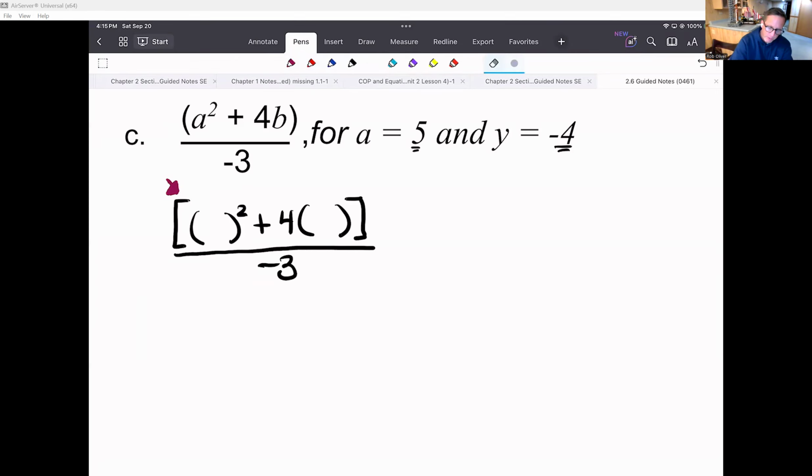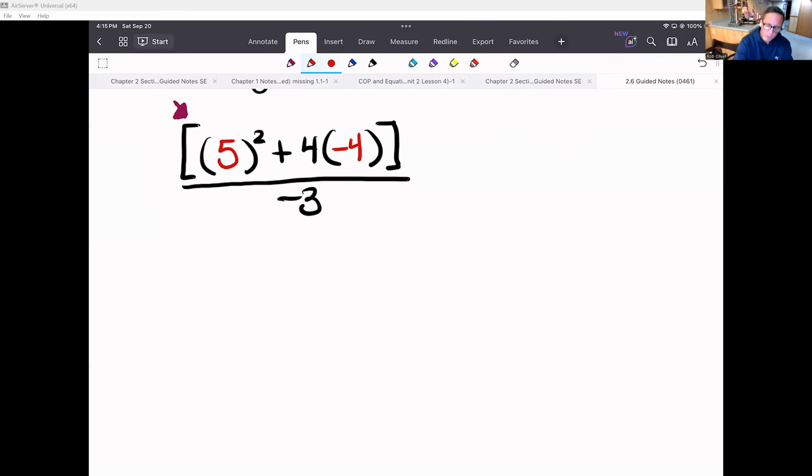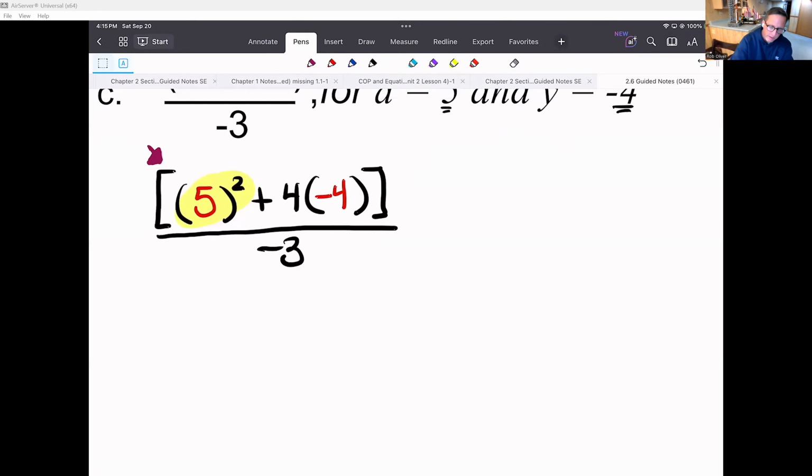All right, so we're going to put in 5 for A, and then -4 for B. So we can take care of this 5 squared. Do all the exponents once before you add or subtract anything. So 5 squared is just 25.